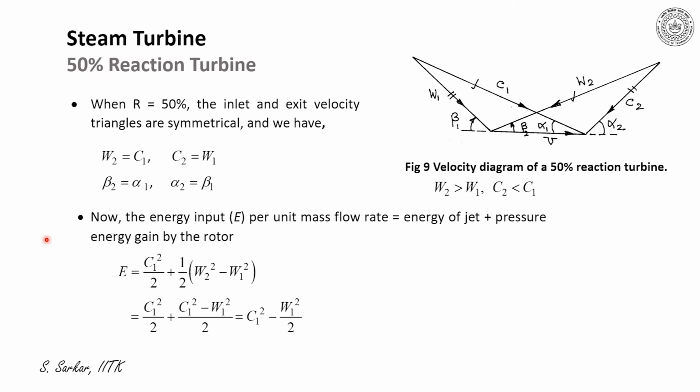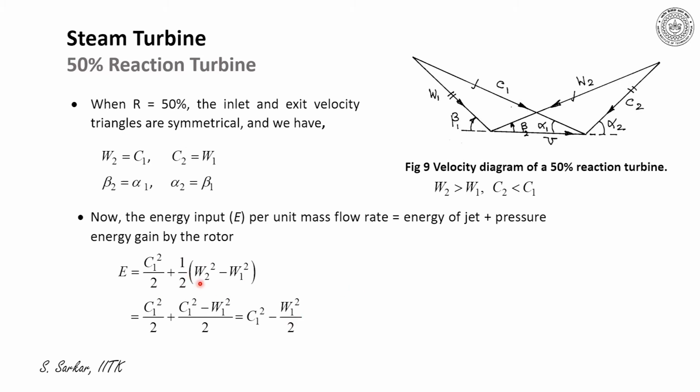Again, I can say the energy input E per unit mass flow rate can be stated as energy absorbed, which is coming from the nozzle, plus pressure energy gain because of expansion of fluid within the rotor. Thus, E is equal to C1 square by 2 plus half W2 square minus W1 square.